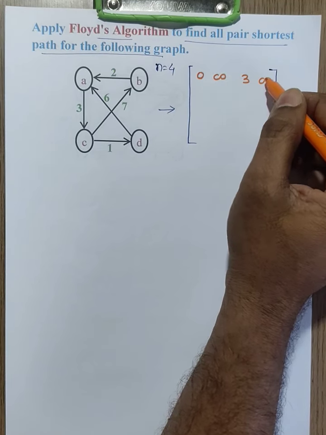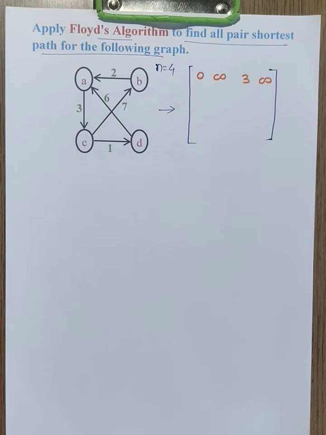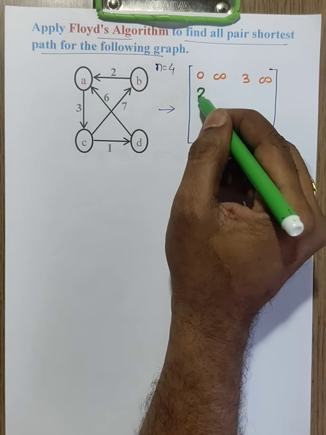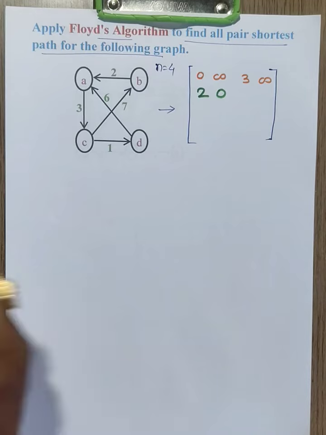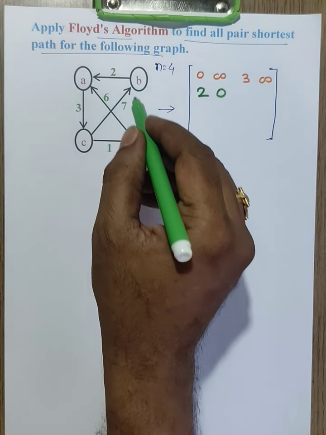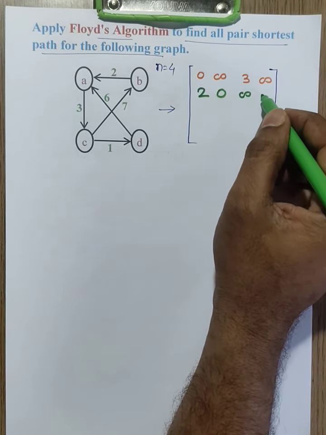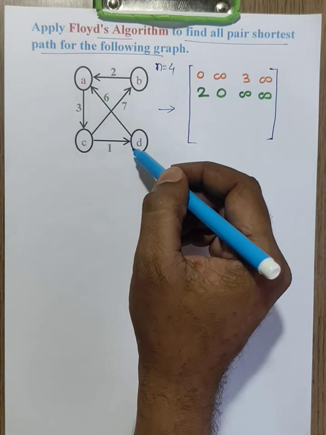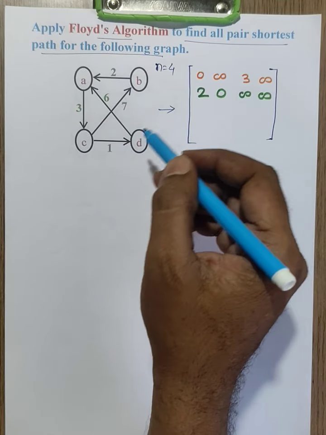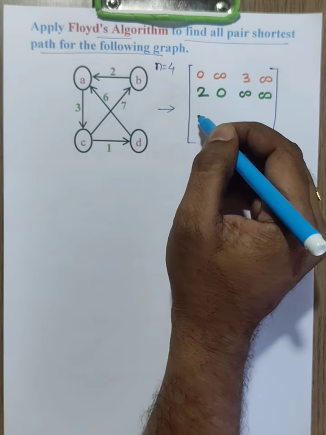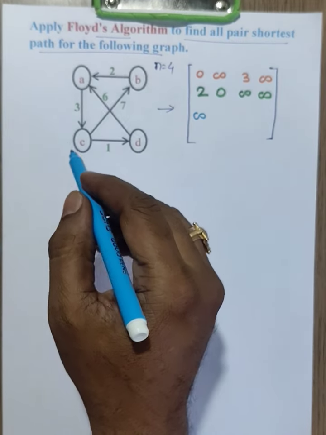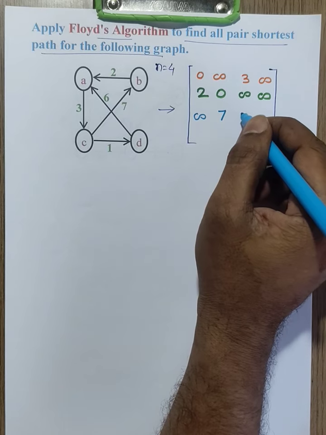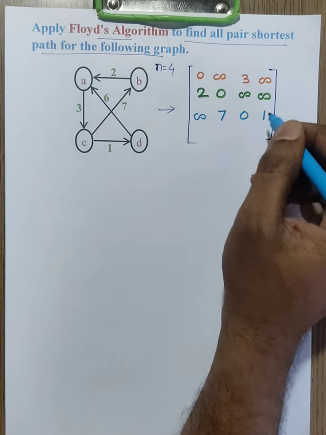Next, from B to A is 2, B to B is 0, B to C infinity, B to D infinity, meaning there is no direct edge from B to C and B to D. From C to A there is no edge, so C to A is infinity, C to B is 7, C to C is 0, C to D is 1.